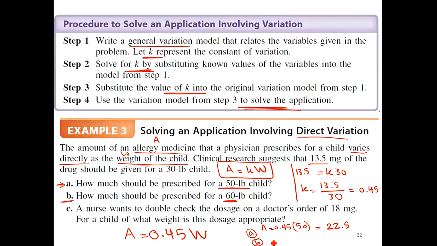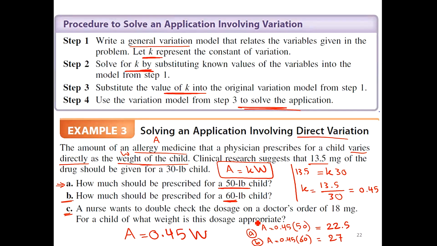A equals what? 0.45 multiplied by 60. This equals what? 27 milligrams dose.